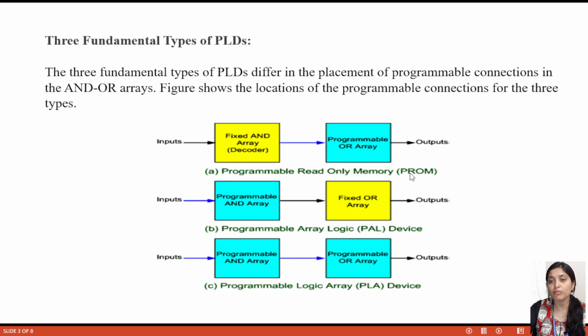First of all, PROM has a fixed AND array, which is called a decoder, and a programmable OR array at the output side. In the case of PAL, there is a programmable AND array and a fixed OR array. And in the case of PLA, there is a programmable AND array and a programmable OR array.